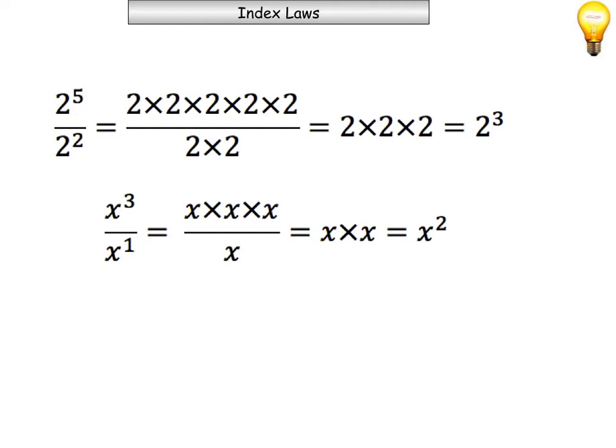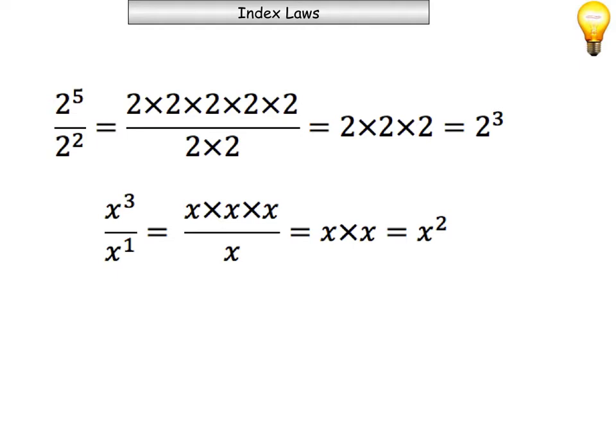Remember, when we're thinking about a mathematical law, it needs to work every single time. If we have a look at both of them, we've got 5 and 2 here. We're doing a division, remembering that division is the opposite operation to multiplication.